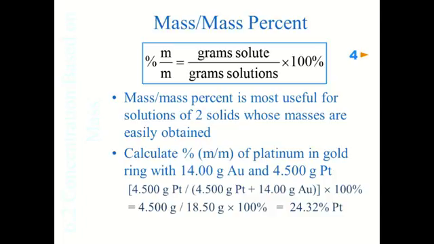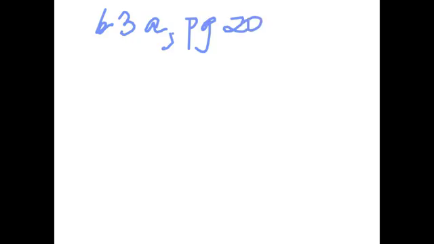Mass over mass of oxygen concentration in a mixture that contains 20 grams of oxygen and 80 grams of nitrogen. Right? Practice problem 6.2. Let's start with A first. What page is it?